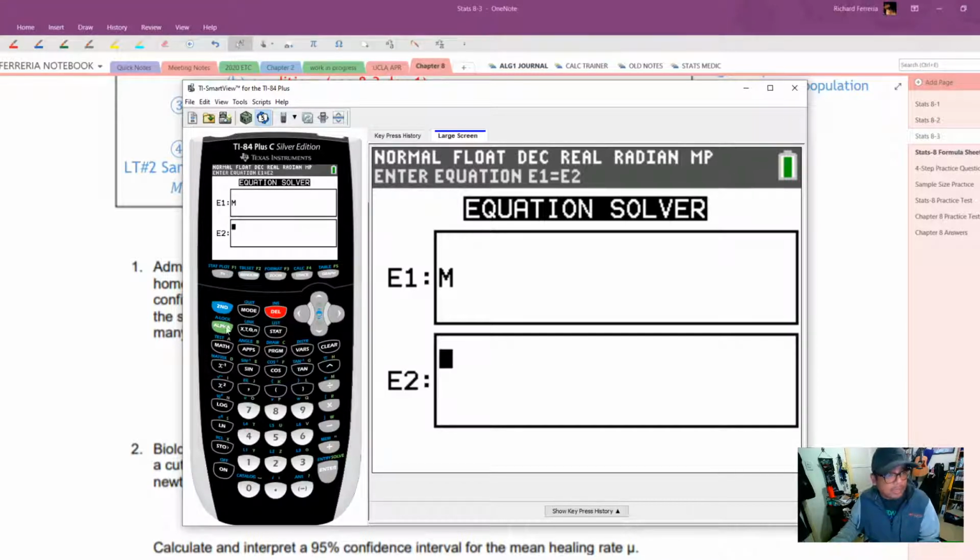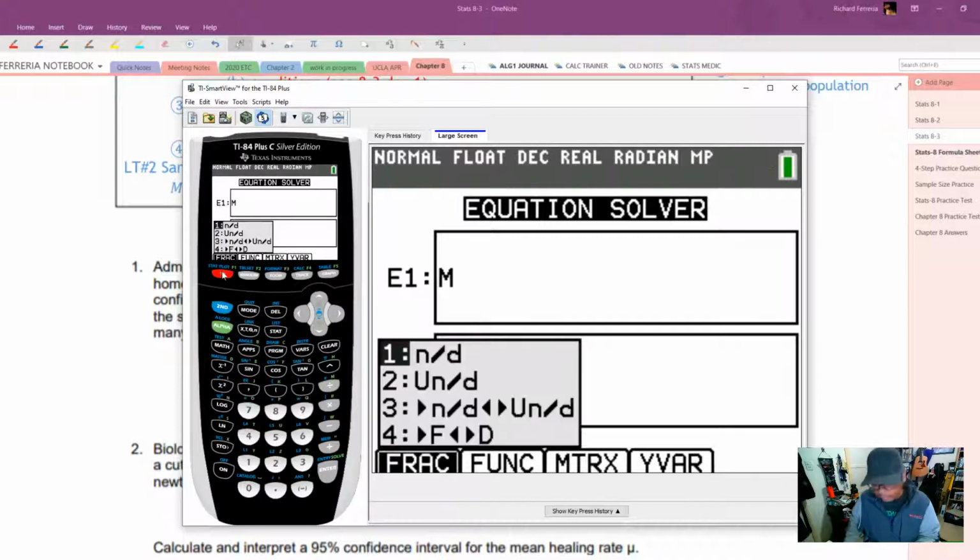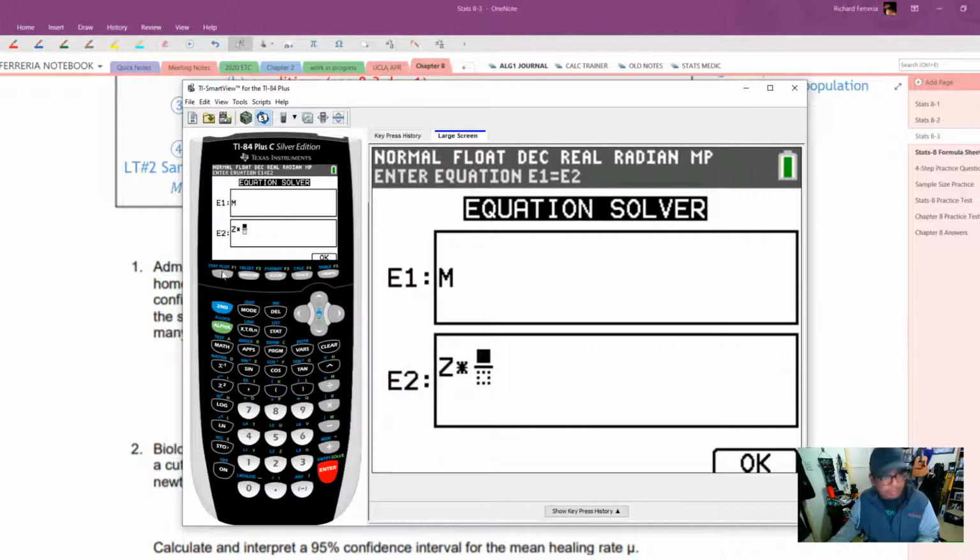Okay, so z multiplied by the ratio of s over the square root of n.